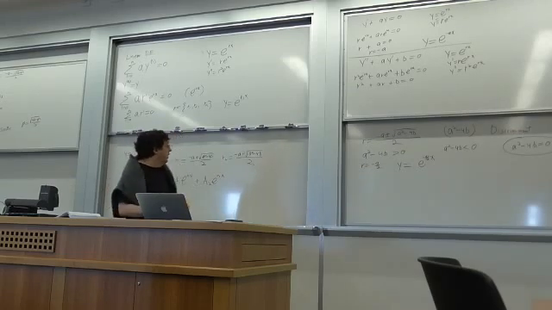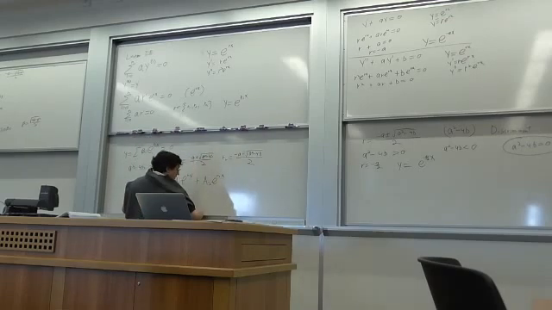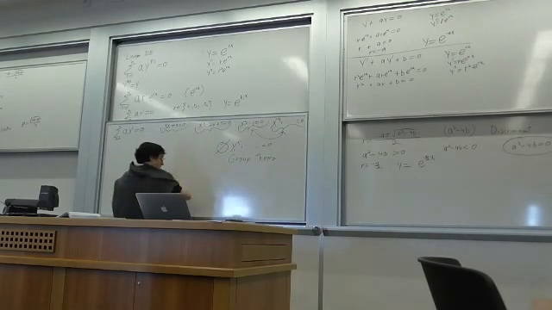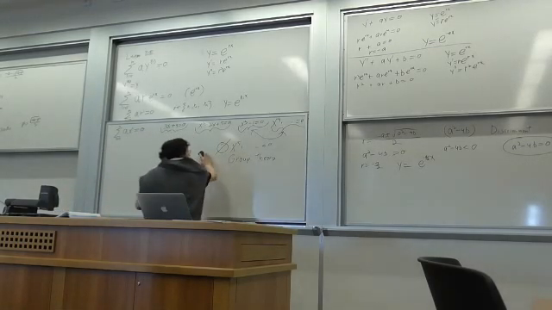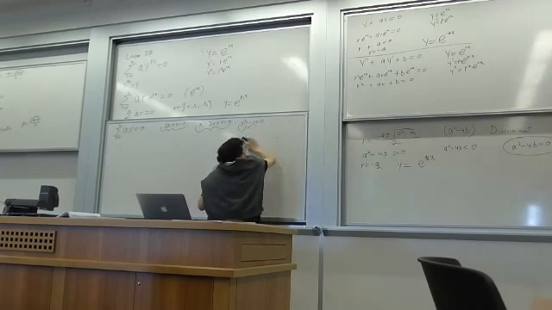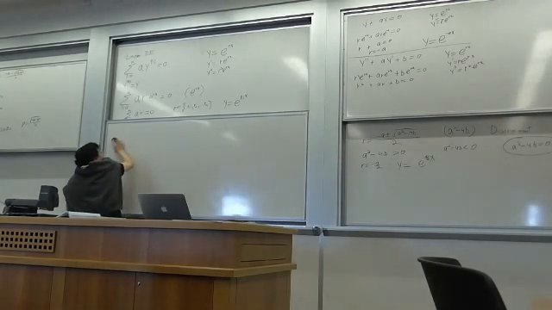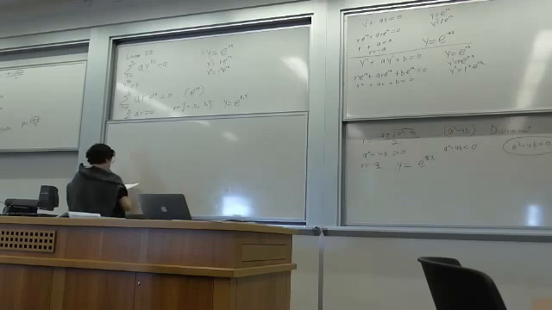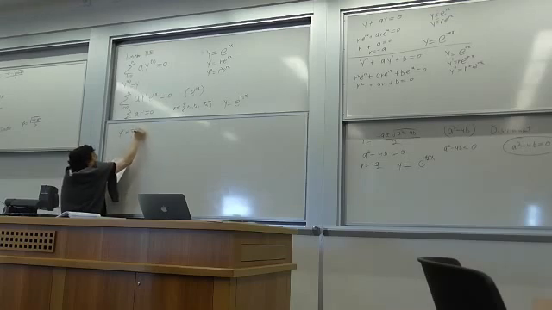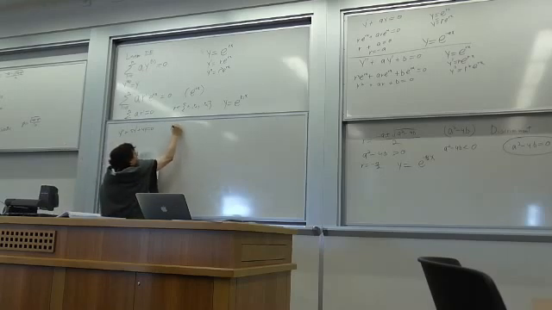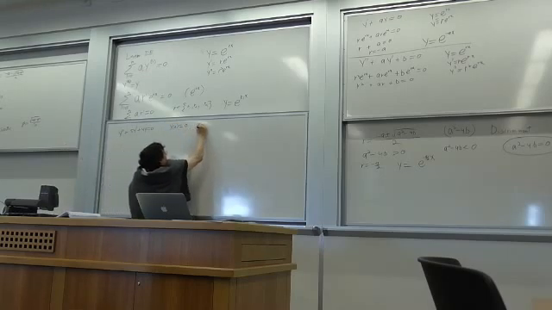So let's take a look at a real example. Real examples are usually easier than general problems. So let's say we had the differential equation y double prime plus 5y prime plus 4y equals 0, with the starting conditions that y of 0 equals 0 and y prime at 0 equals 1.